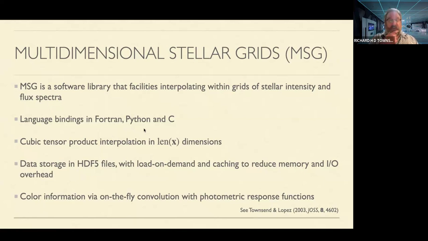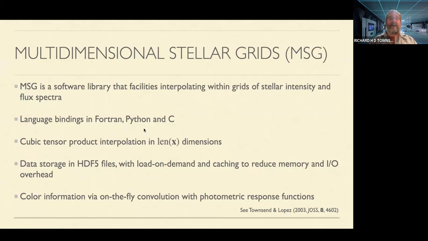So MSG stores all of its data on disk in HDF5 files, and some of these files can run into the low hundreds of gigabytes for really, really large grids. But MSG implements a load-on-demand philosophy, data only loaded when they're needed.